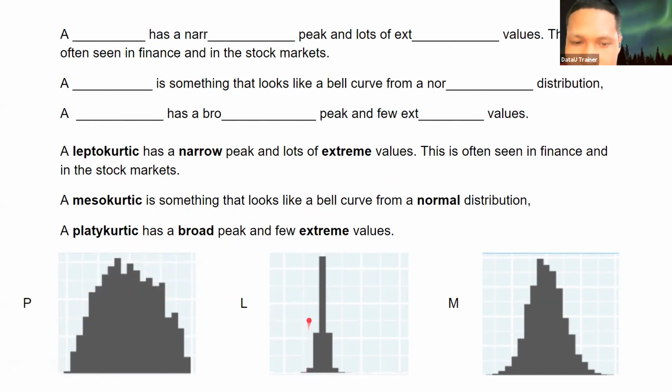You can see it just gets really small. It's not broad, so it's really the opposite of platykurtic. And mesokurtic, if you think about the bell curve, has a normal distribution and is very much symmetrical.